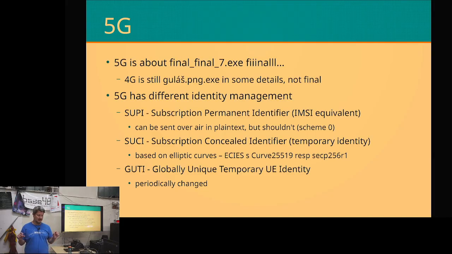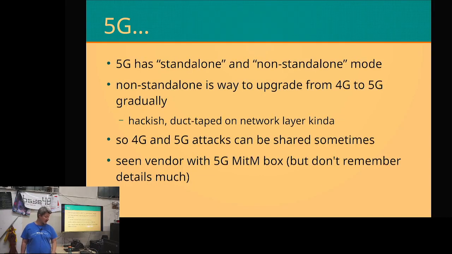It tells you the identity of the SIM card, but it shouldn't ever be transmitted over air in plain text, but it happens. It's called Scheme 0. Then they derive the second one, the SUCI, concealed identity, which is based on elliptic curves, which is better than before. And there is a global temporary identity, which is the last one, and it doesn't stay the same, it's changed regularly.